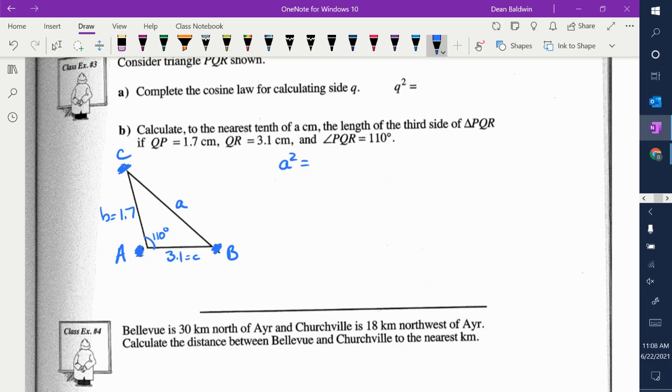Want to go say hi to her? She just walked by again. Hi, Jill. Mr. Battle wants to say hi to you. He's like, hey, it's Jill walking by. How's math? It's excellent. We're doing cosine law. Super fun.